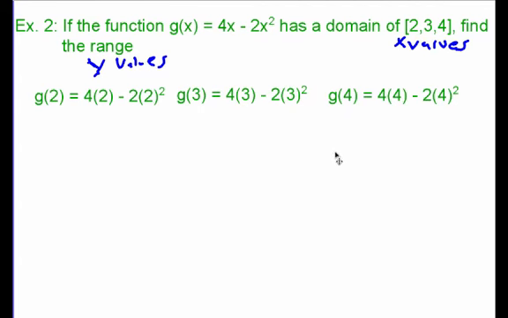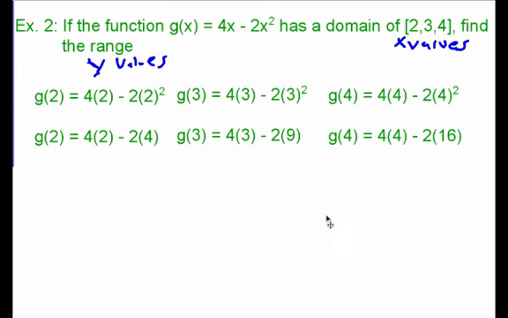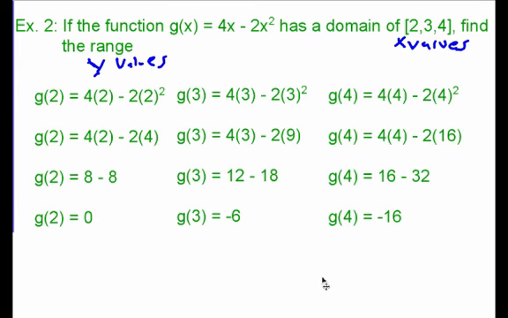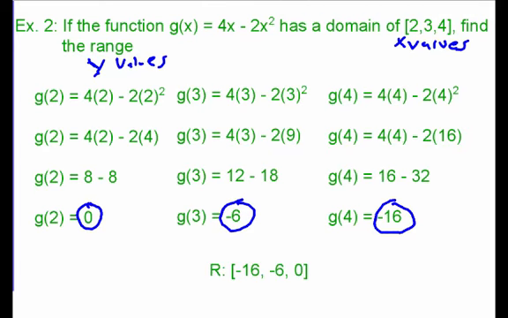All I'm going to do is work these out, and we see that g of 2 is 0, g of 3 is negative 6, and g of 4 is negative 16. So these numbers, 0, negative 6, negative 16, those are my y values. So if I put them together in a set, I get my range, which is negative 16, negative 6, and 0.